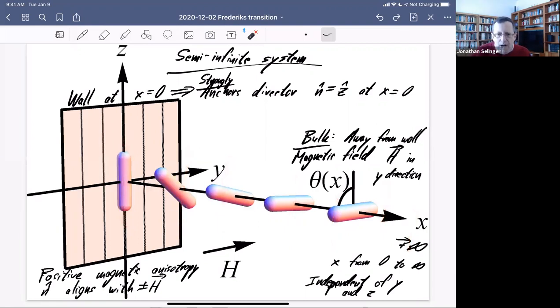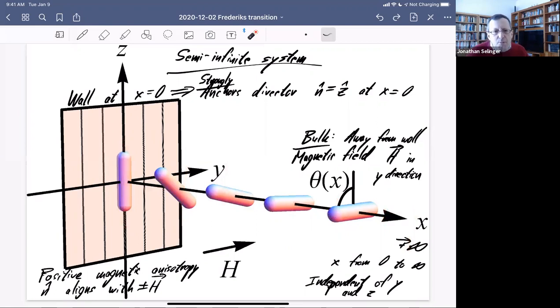Okay? By comparison, the magnetic field says the liquid crystal should be pointing in the Y direction, this way. Okay? So these two things are fighting against each other.